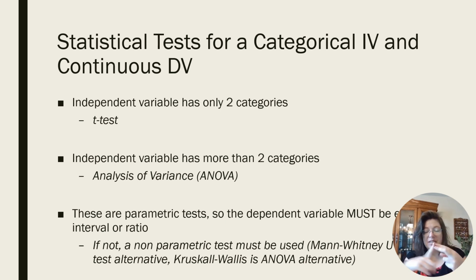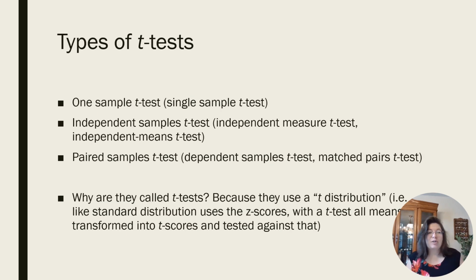If either of these assumptions can't be met, then we either apply a penalty to the degrees of freedom so we can meet it, or we use one of the non-parametric tests. And I will show you examples of both. So if it sounds a little scary, don't worry, we'll go through it in detail.